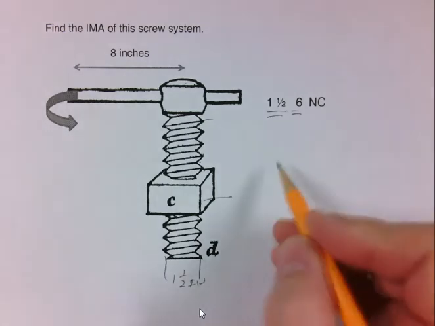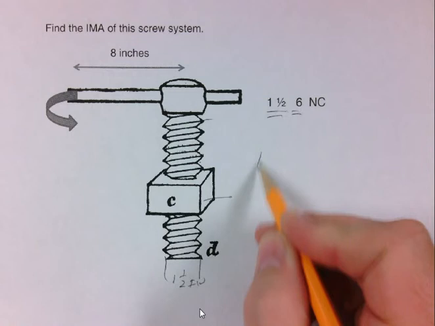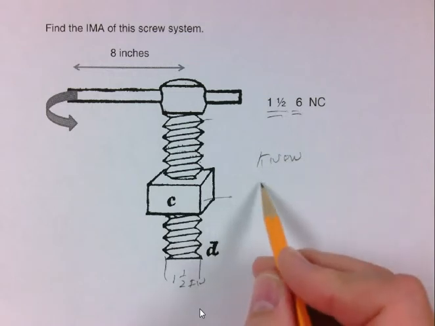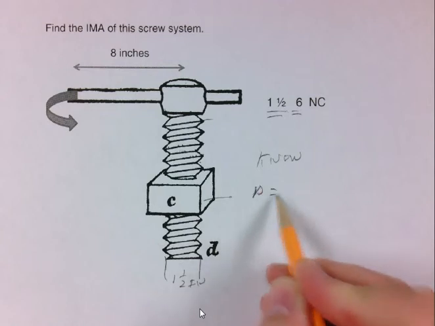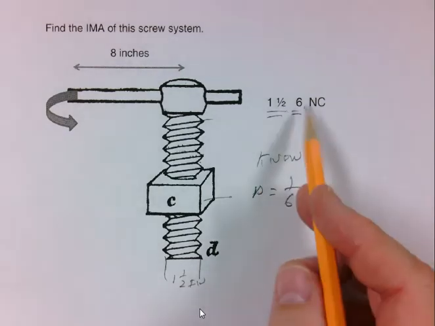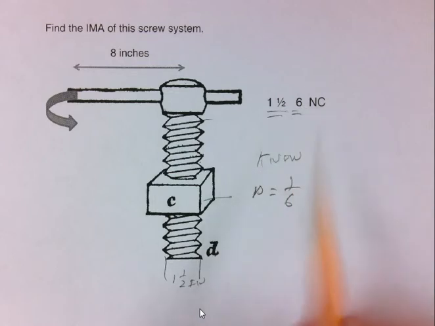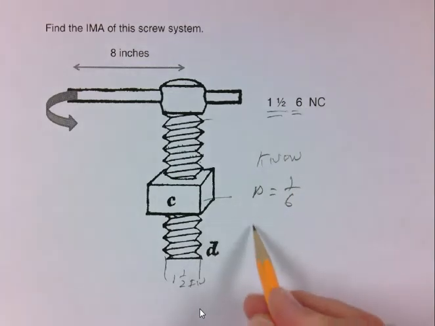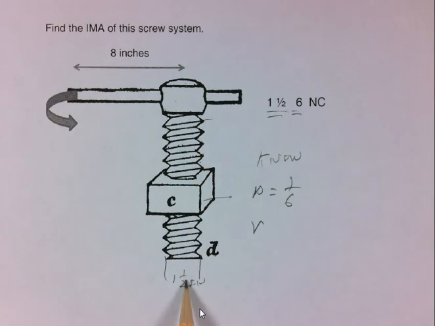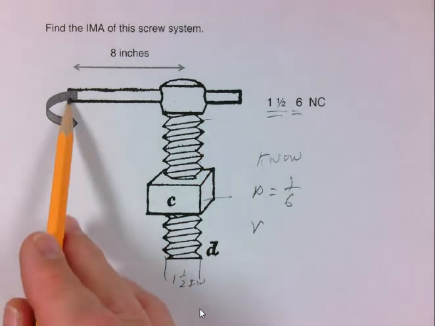Okay. As always, we need to start with what we know. So what do we know? We know from the thread notes here, pitch is 1/6, the reciprocal of the threads per inch. We know that the radius of our turning arm, we're not going to use this radius because our hand is actually up here.